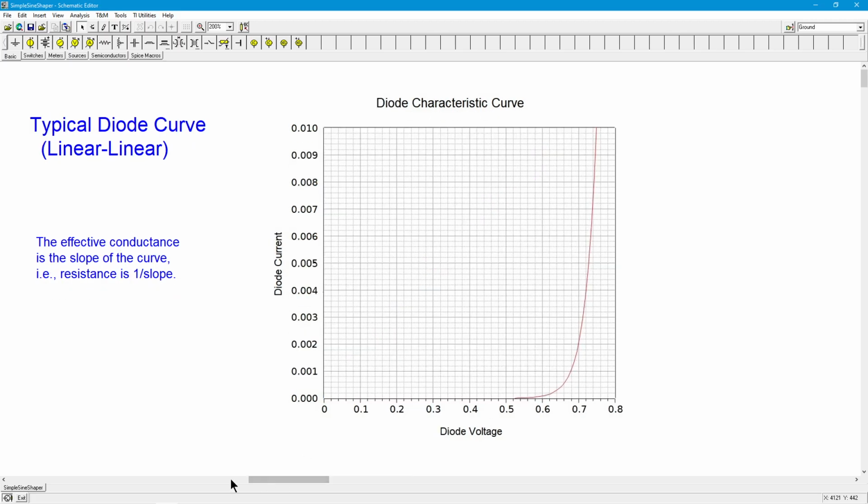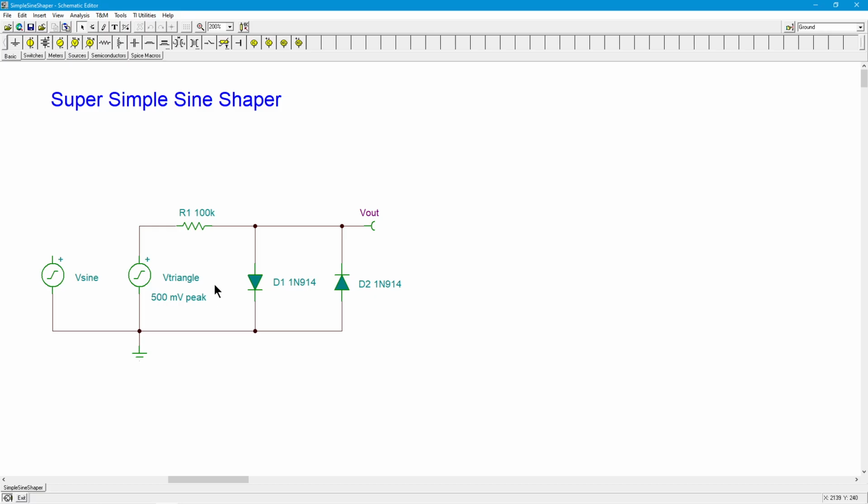So when I get back to this circuit, what we're saying is, when the triangle wave is very small, when it's 10 millivolts, 50 millivolts, maybe even 100 millivolts, the resistance of these diodes is very high, bigger than this R1 of 100K. So what we get out is what we put in. But in a very smooth, gradual way, and by gradual I mean across this 500 millivolt peak, the resistance of these drops, and as it drops, we get less and less of the triangle wave to V out.